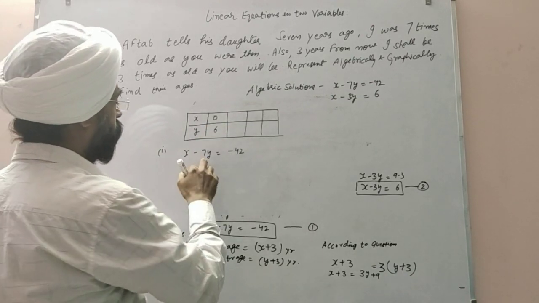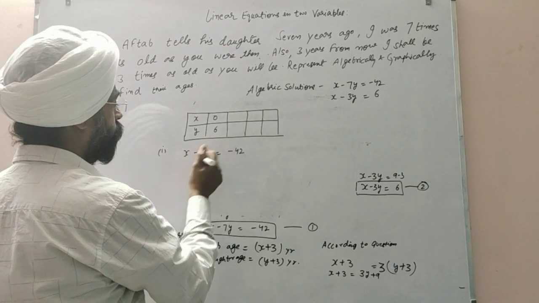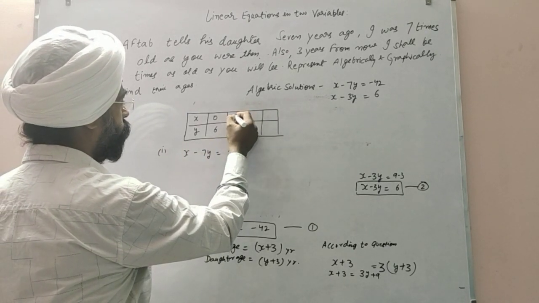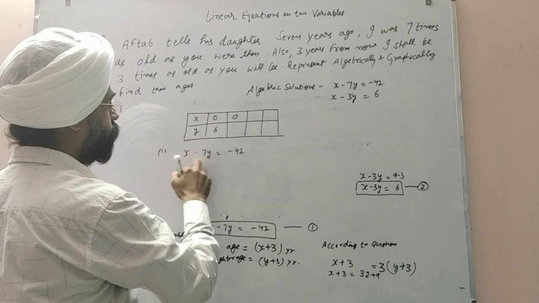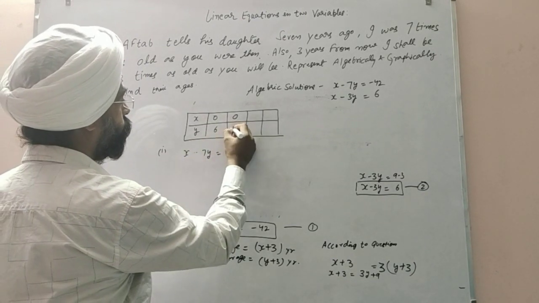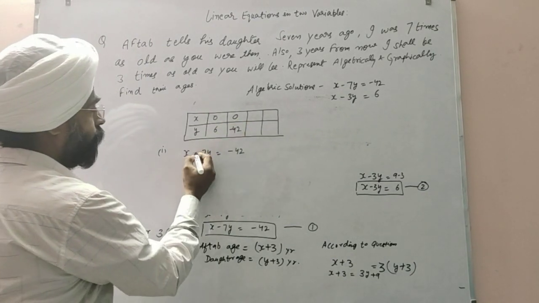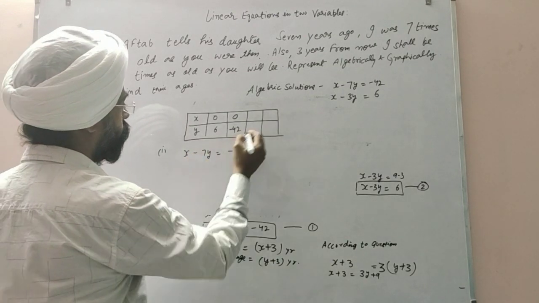Then you can take y as 0 also. If we put y equal to 0, this whole term will become 0, and x will become minus 42. Or you can take some multiple of 7, like y as 7.